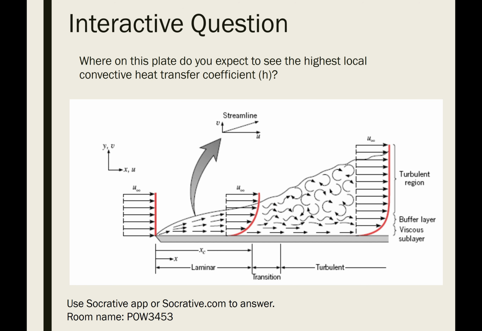Okay, so I'm going to launch this question real quick. Let's just digest this and think about it, and then I'll go launch the question. So for this system, where on this plate do you expect to see the highest local convective heat transfer coefficient?